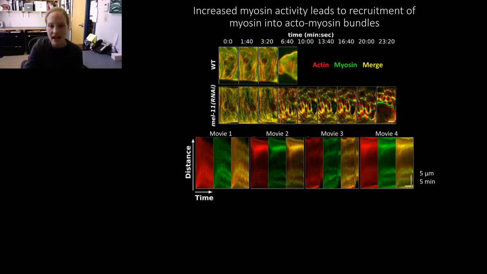And then as the movie plays, you can see right where I put the arrow, I have these 2 myosin bands that then sort of come together. And so that is why the myosin foci appear to be becoming brighter and aligned as we play this movie throughout time.